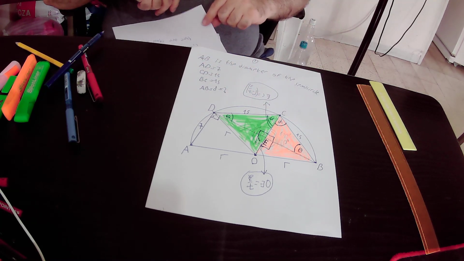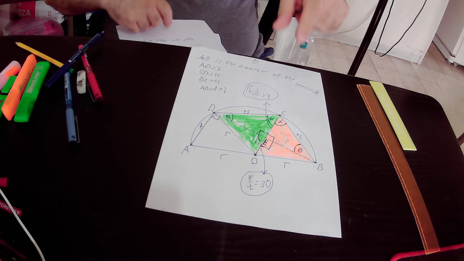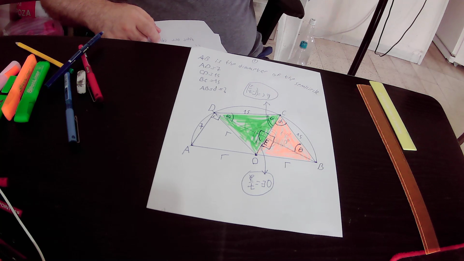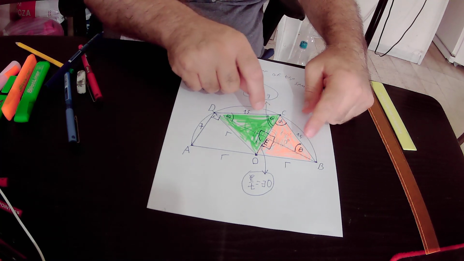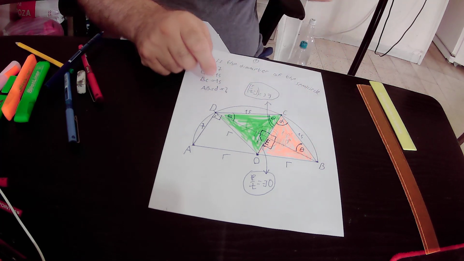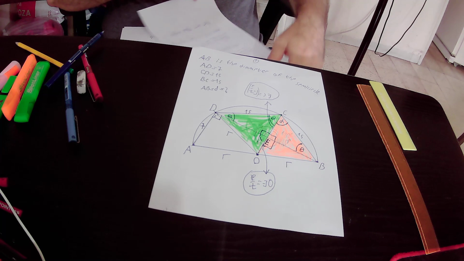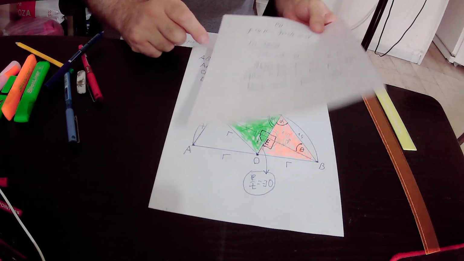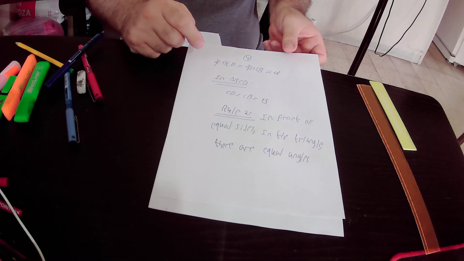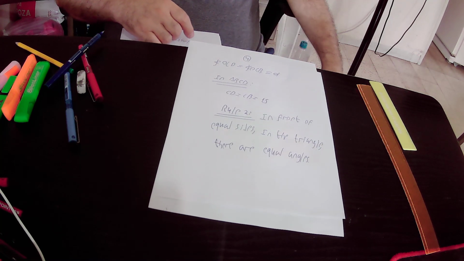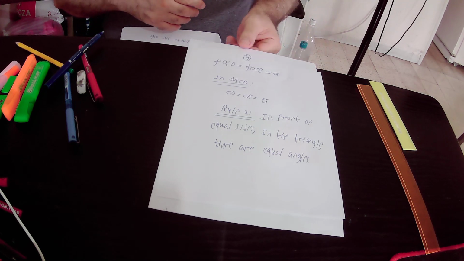Then we focused on triangle DCB, this triangle. In this triangle DCB, side BC equals side DC. Both of those two sides are equal to 15 units, and we have rule number 2 that states that in front of equal sides in a triangle there are equal angles.